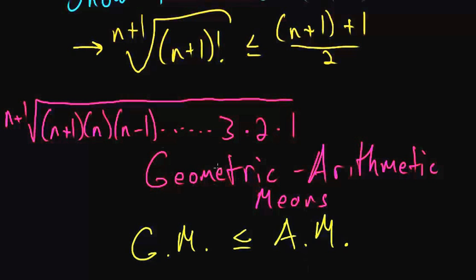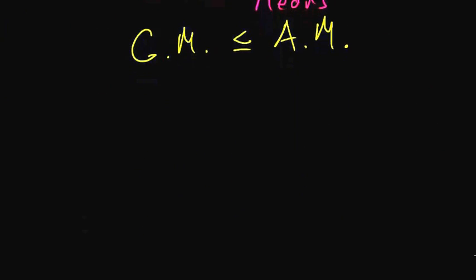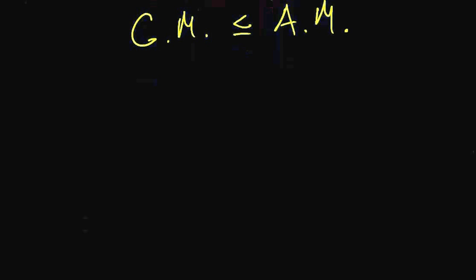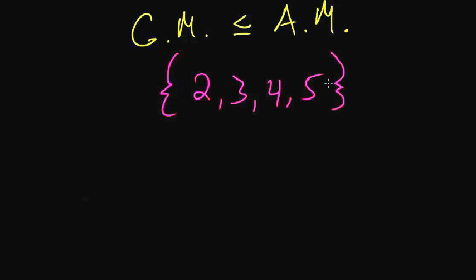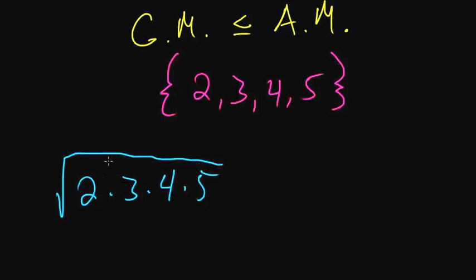If you're unfamiliar with the geometric mean, I'll do a little example here. Let's say we have a set of numbers, 2, 3, 4, and 5. To find the geometric mean of this, I would take the product of all of these numbers, so 2 times 3 times 4 times 5, and then take the fourth root of this, since we have 4 numbers in our set.